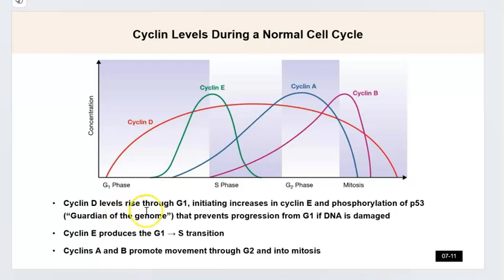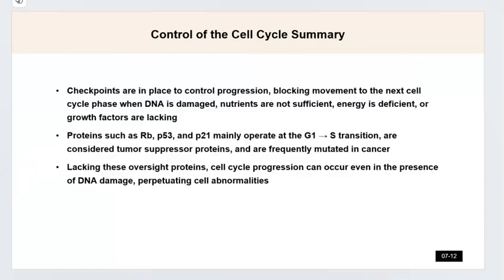Cyclin D levels rise through G1 and initiate increases in cyclin E. You can see it's kind of complicated, but as we move from G1 through mitosis and back, these things have their different activities. It's important that they're able to power themselves to work through the cycle and continue to replicate, but it's equally important that we have checkpoints or stoppers. And we do call them checkpoints.